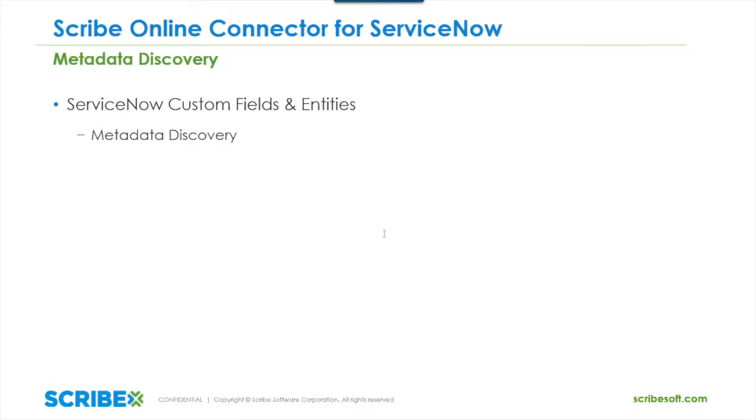Sure, absolutely. So the ServiceNow entities that are present out of the box are automatically supported by the connector. And then in addition, any new entities that you would add or any packages that you would install on your ServiceNow instance, as soon as you do a reset metadata, those get pulled in as well, and you're able to use those freely.